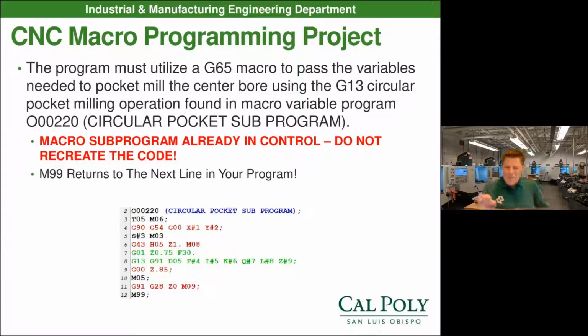Then they're going to go ahead and circular pocket mill the part. So they're going to use a G13 to do some climb cutting. And they're going to climb cut a pocket in the center by sending the G65 macro variables to the control. So notice we have pound 1, variable 2, variable 3 and 4 all the way through here.